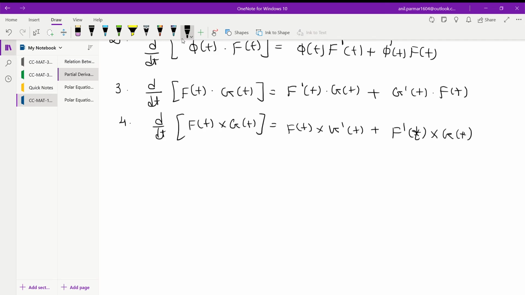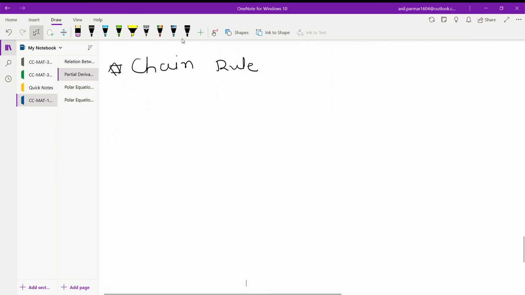Now very most important result or definition or rule, that is chain rule. Chain rule for the derivative.